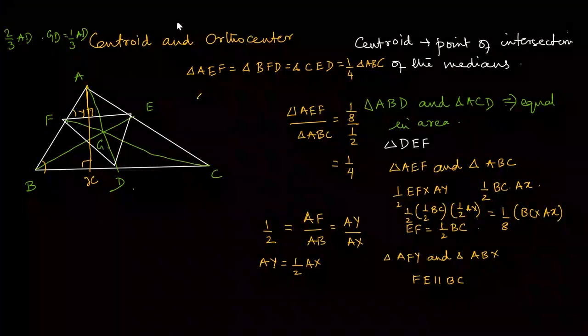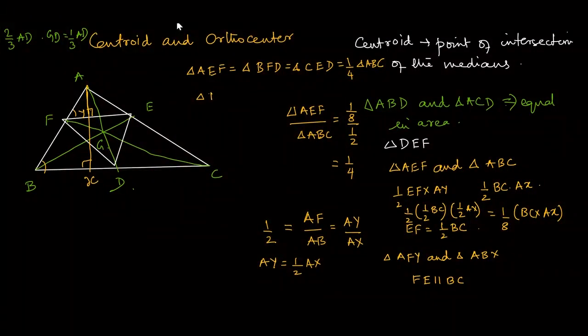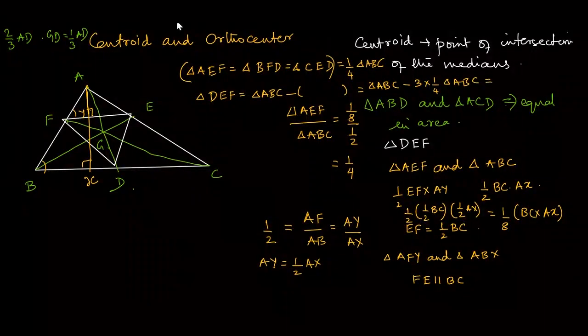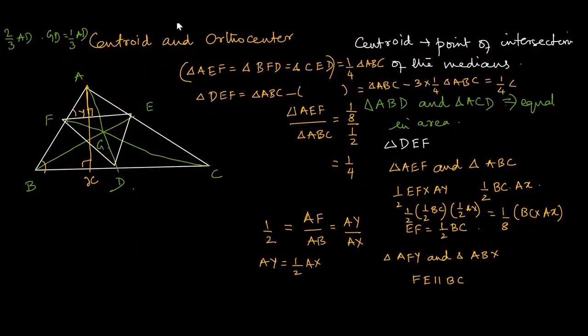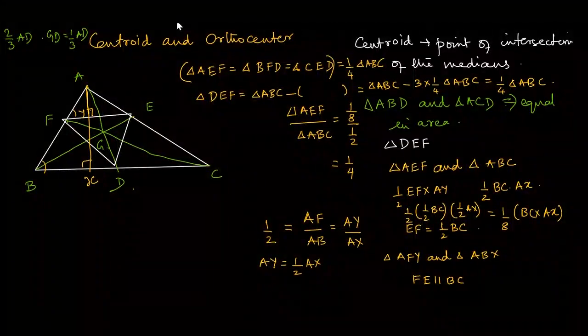So therefore triangle DEF will be triangle ABC minus all these three triangles, this one, this one, and this one. That means triangle ABC minus 3 into 1/4 of triangle ABC, which is 1/4 of triangle ABC.